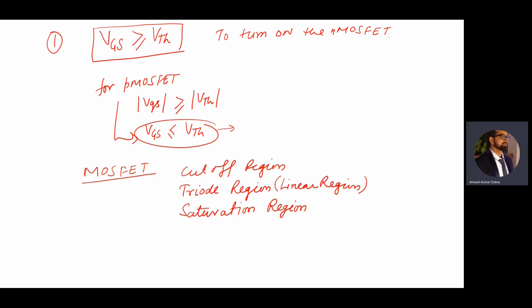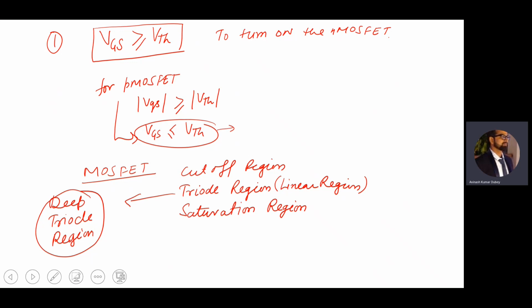Other than this, in the triode region, another region is formed which is called the deep triode region, which is a sub part of the triode region. In the deep triode region, generally a MOSFET is more linear, therefore it can work like a linear resistance, and this has some application in analog IC design.